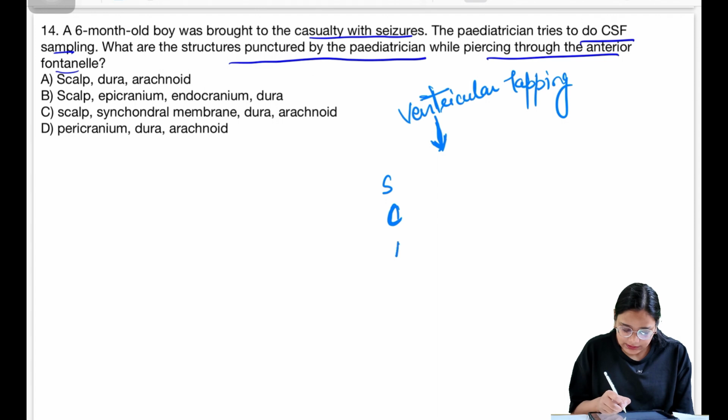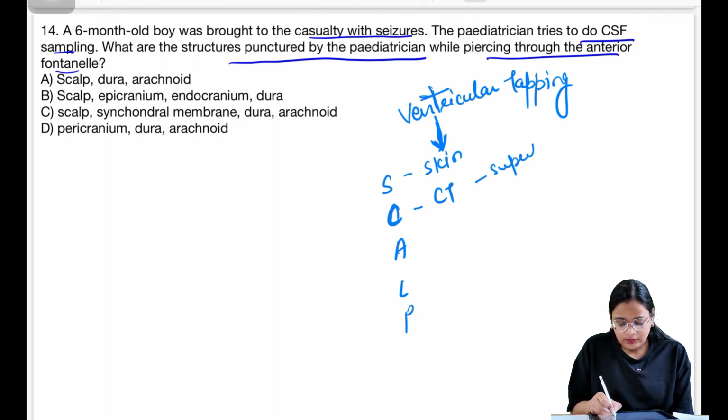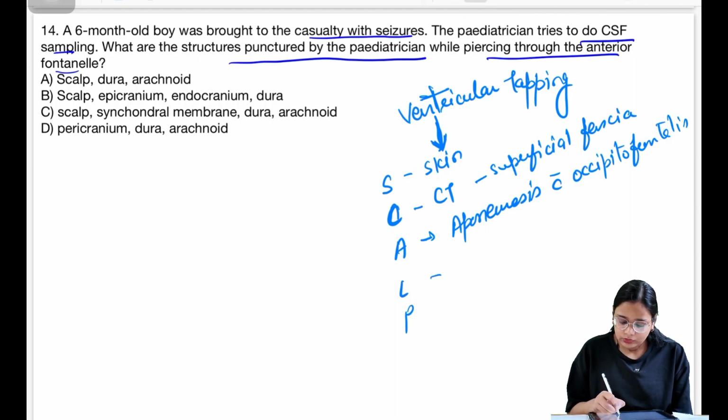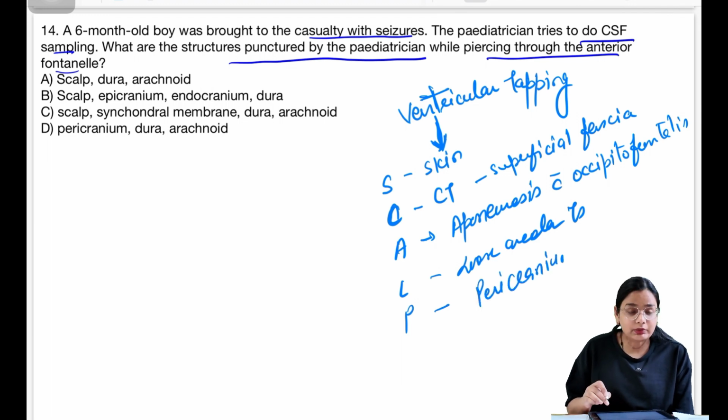If you know what is scalp: S for skin, C for connective tissue, that is superficial fascia of skull, A for aponeurosis or galea aponeurotica with occipitofrontalis muscle, L for loose areolar tissue, and P for pericranium. Okay, so we have reached till pericranium.